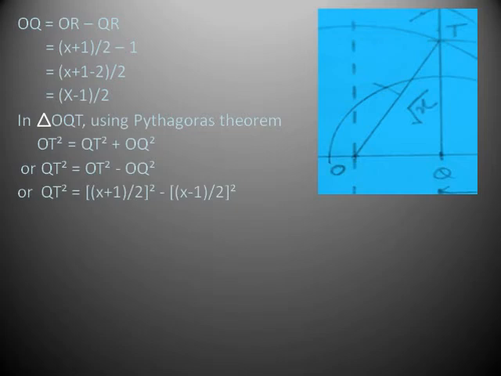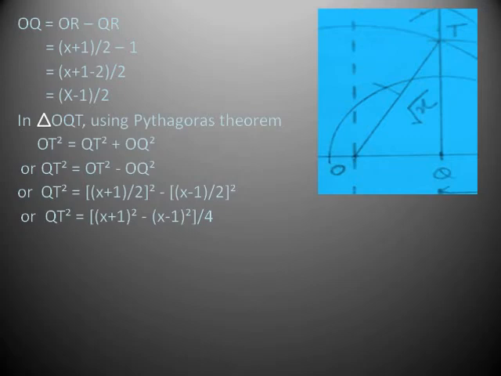So in the next step, we will get QT square is equal to ((x plus 1) whole square minus (x minus 1) whole square) whole by 4. Since in the previous step the denominator was 2, square of 2 is 4, so the LCM of both the fractions will be 4 only. So we are getting 4 in the denominator here.